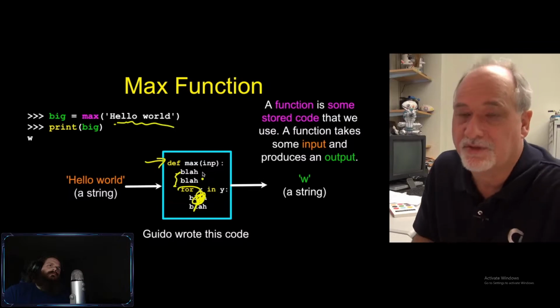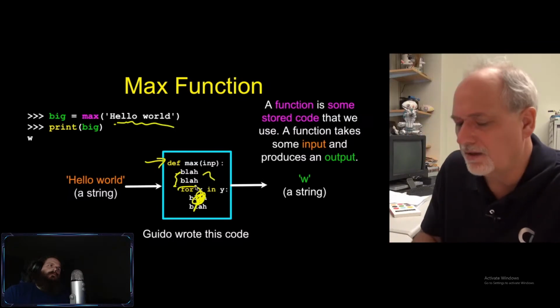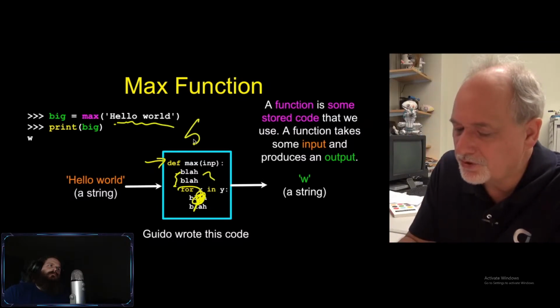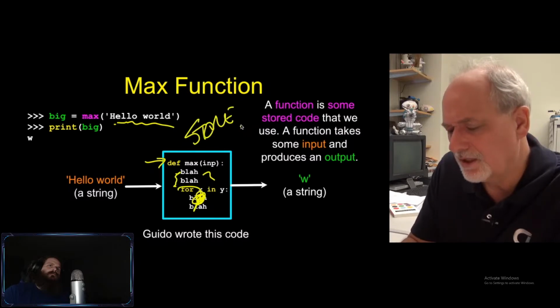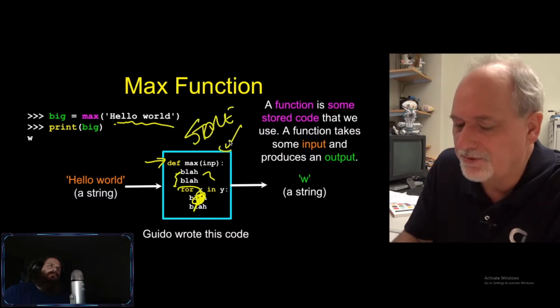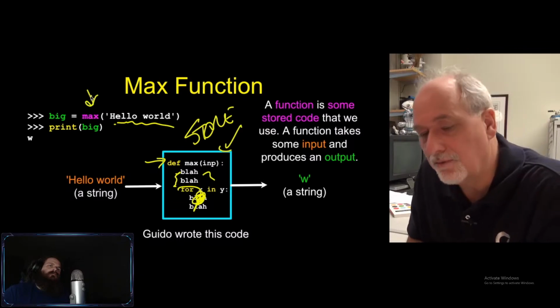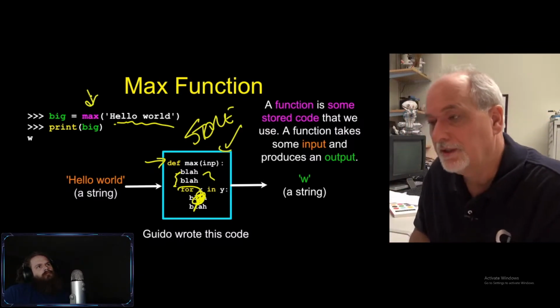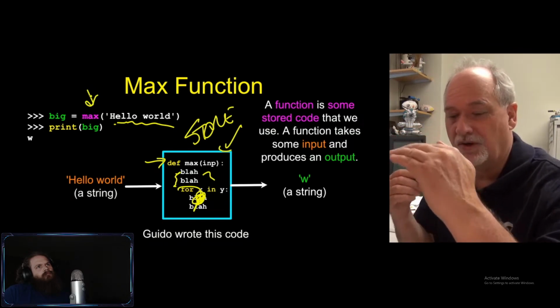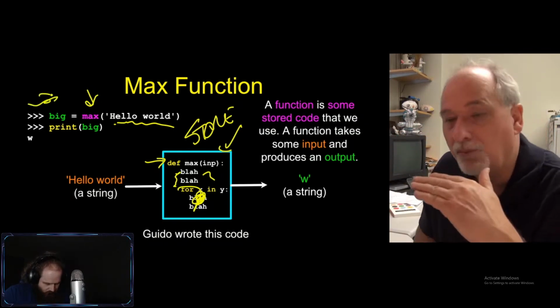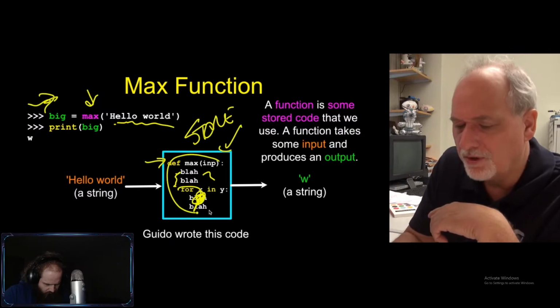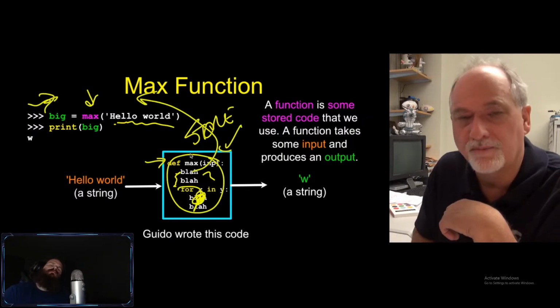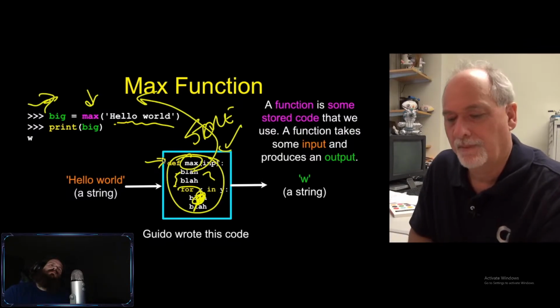It has to figure out if it's a string or a list, etc. But this is store, except you didn't do the storing because it's already built in. And then this is the reuse, store and reuse. So we build these things into Python. They're already pre-built, as if before the first line of your code executes, way up here, someone put all this code in for you into Python and created a thing called max for you.